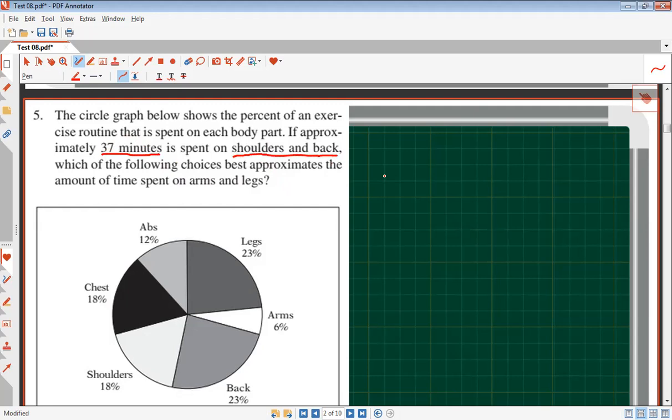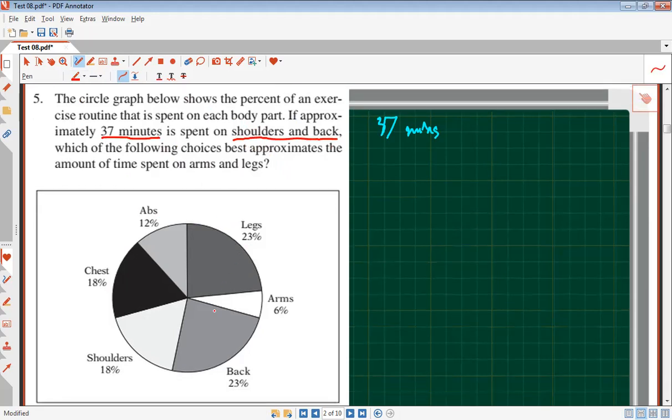That means that 37 minutes corresponds to, let me see the figure. Shoulders 18% and back 23%.